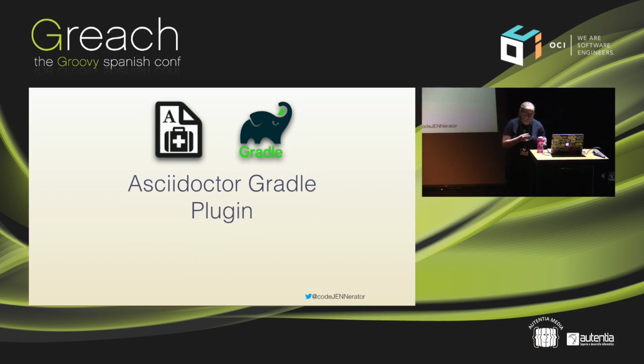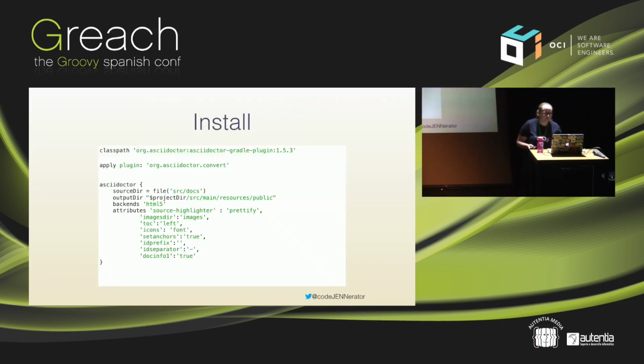And the Asciidoctor plugin that you can use with Gradle takes that AsciiDoc format and converts it into other things like PDFs, HTML, or you can even use it to write books. It is really easy to add with Gradle. There are a few things with configuration and setting up how you want this doc to look. You can customize a lot of this as well.